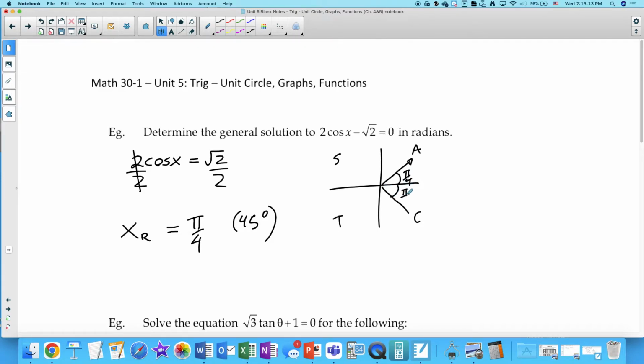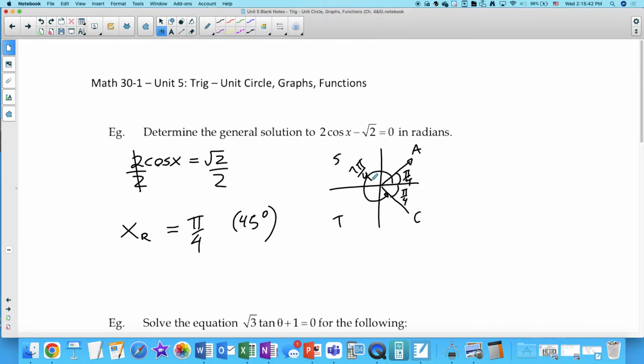This is pi by 4. Now we need to give the principal angle in terms of a positive angle, or most often that's how it's given. So I'm going to start here and go around the other way, right? And think about going from 0 all the way around would be 2 pi, which is 8 pi by 4. So I'm taking away 1 pi by 4, which is 7 pi by 4.